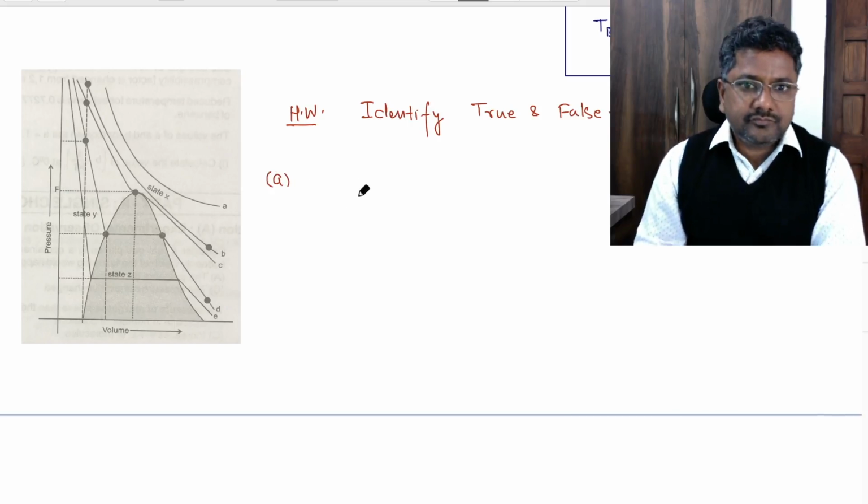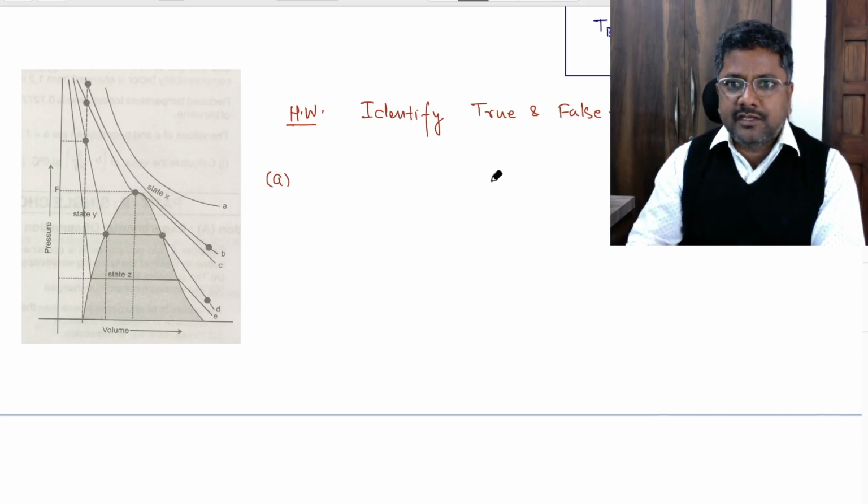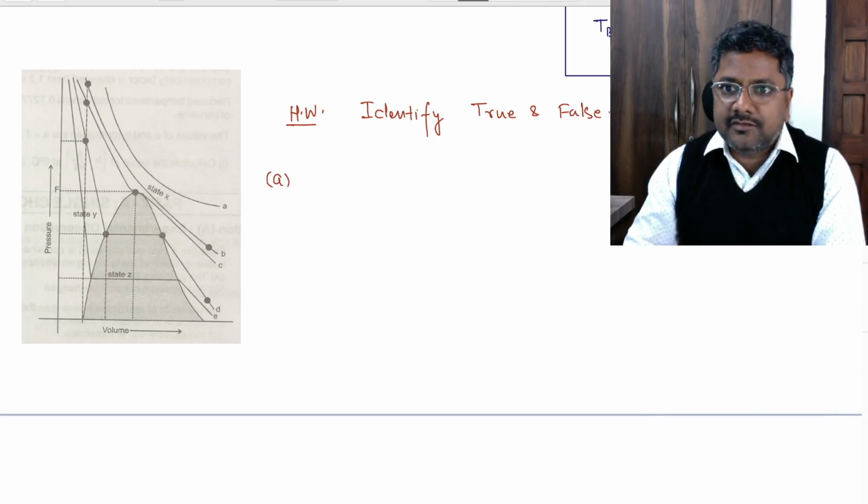with respect to this figure, true and false with respect to the given figure.